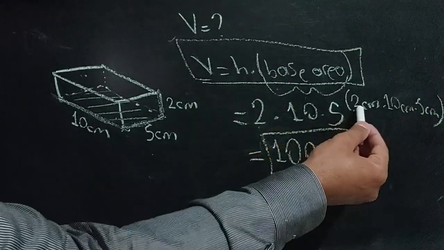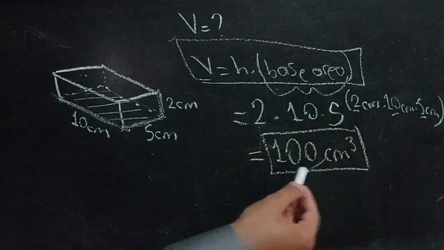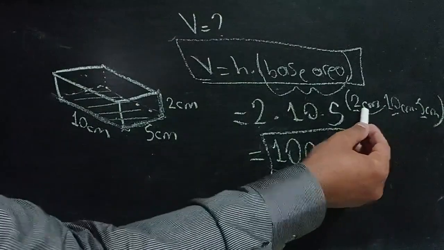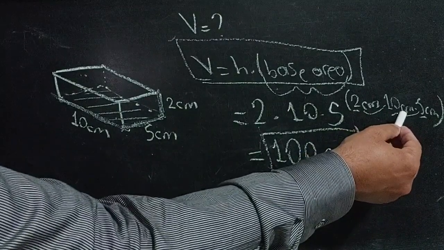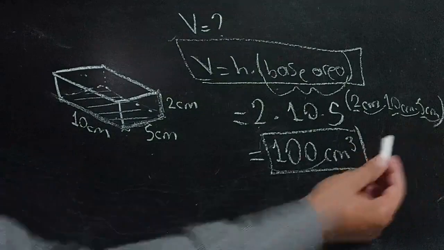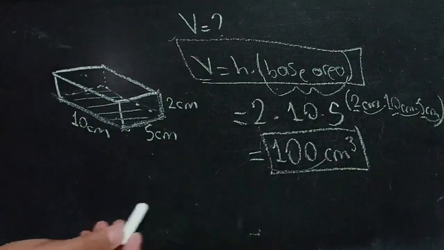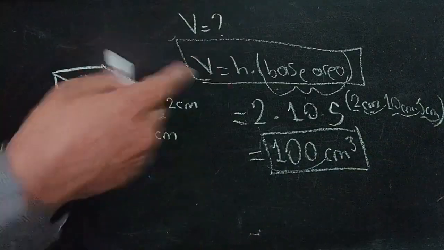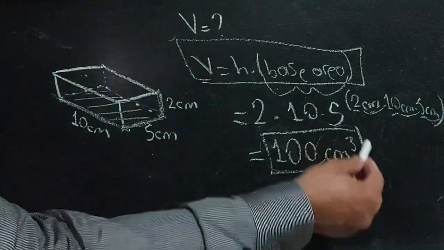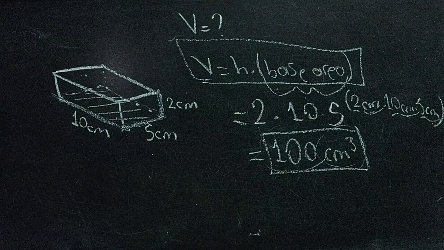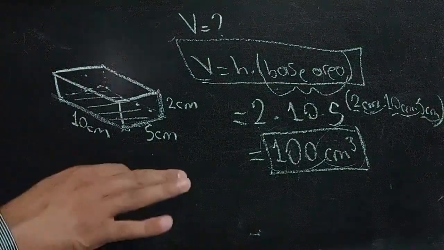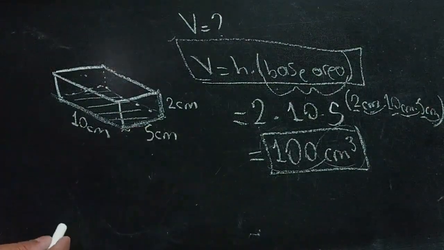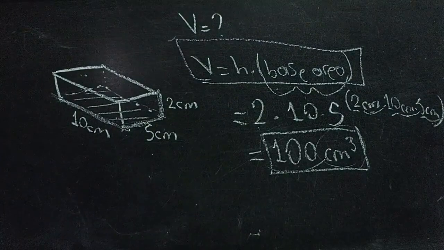When you multiply this to each other, you will get 100, and centimeter times centimeter, centimeter square, times centimeter is going to be centimeter cube. Because of those units, the centimeter cube is coming. Okay, that's going to be my answer, 100 centimeter cube.